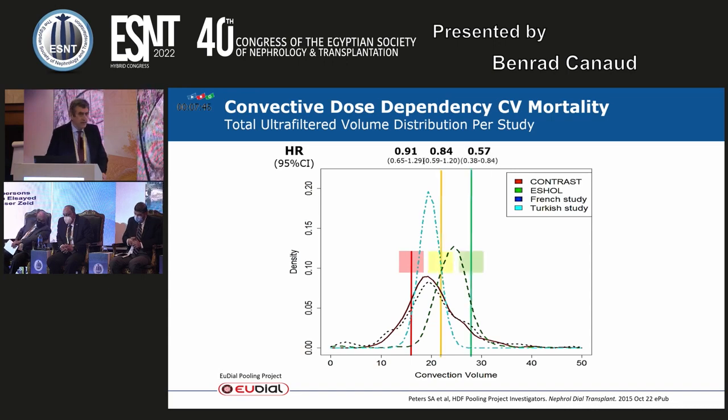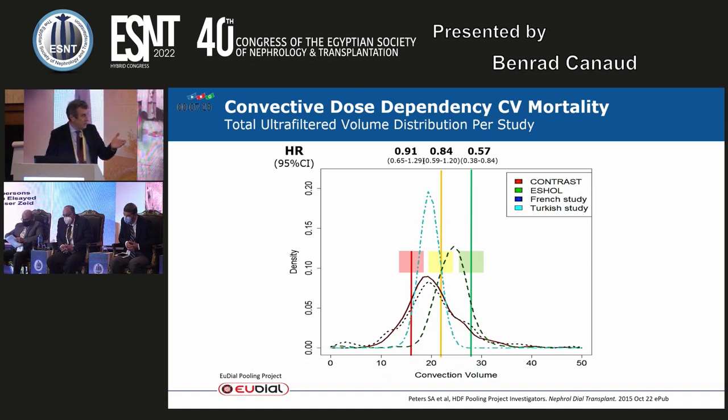But what is the driving force? It's not a magic name of hemodiafiltration. The triggering effect is linked to the convective dose. And this is why I put this slide showing that if you move from the left, convective volume lower than 20 liters, to the maximum, 26, 30 liters, and you look at the ratio of mortality on the top, you see that there is a decrease.